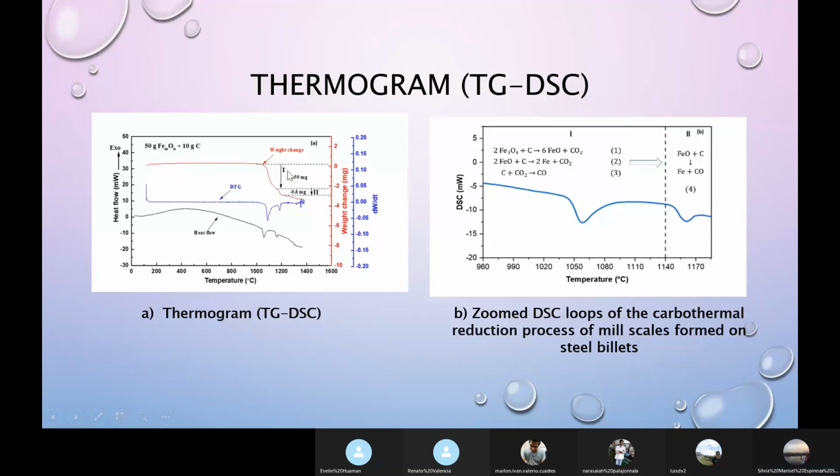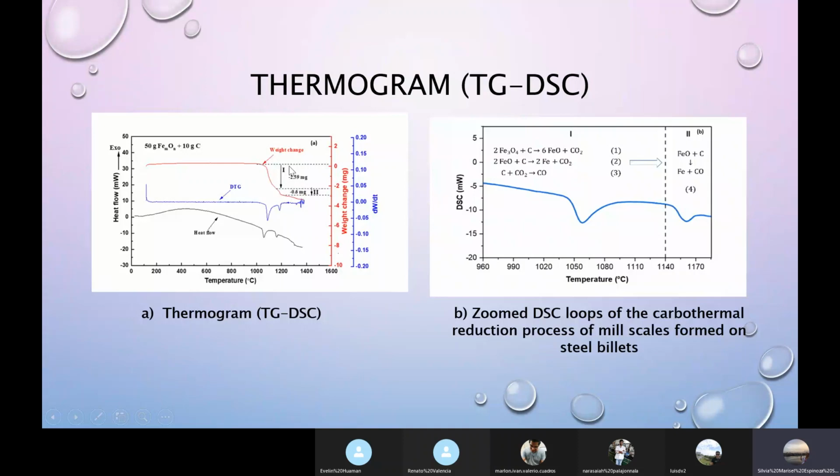The first loss was this, followed by another small loss between 1100 and 1200 Celsius. This one is smaller. The mass loss in the first stage was 26.6%.